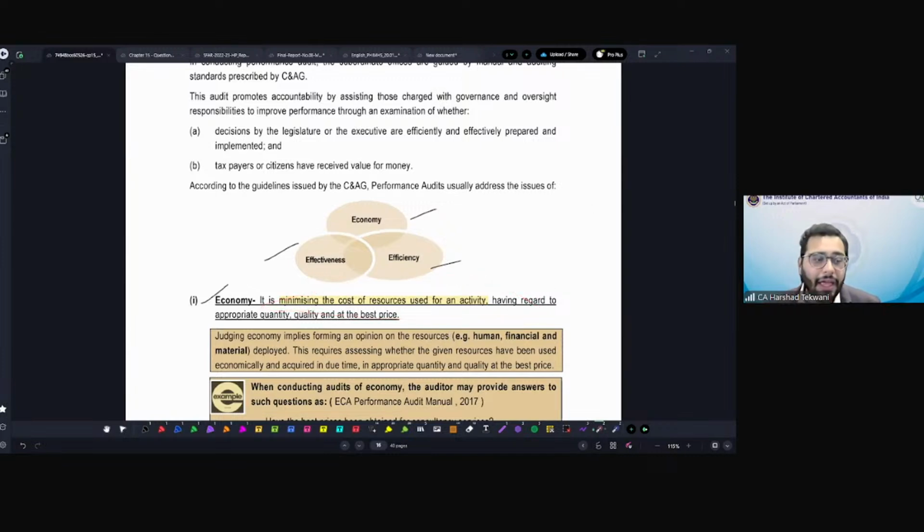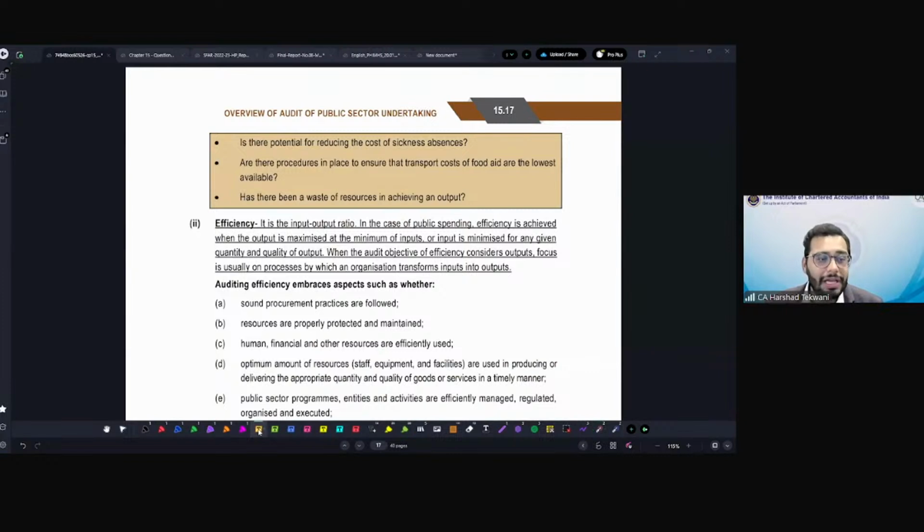Similarly, efficiency is the input-output ratio, that is, the maximum output with the minimum inputs. That means whether the healthcare facilities we have are appropriate for the given amount of funding. So they talk about resources being used efficiently, and whether resources are properly protected and maintained.